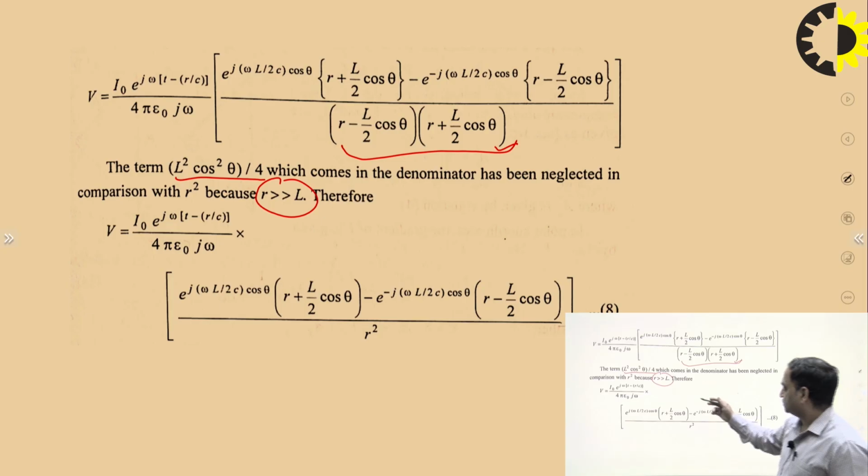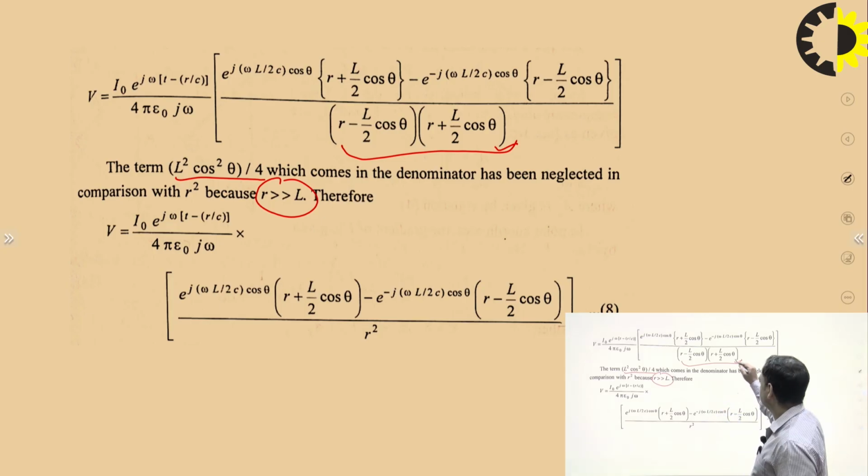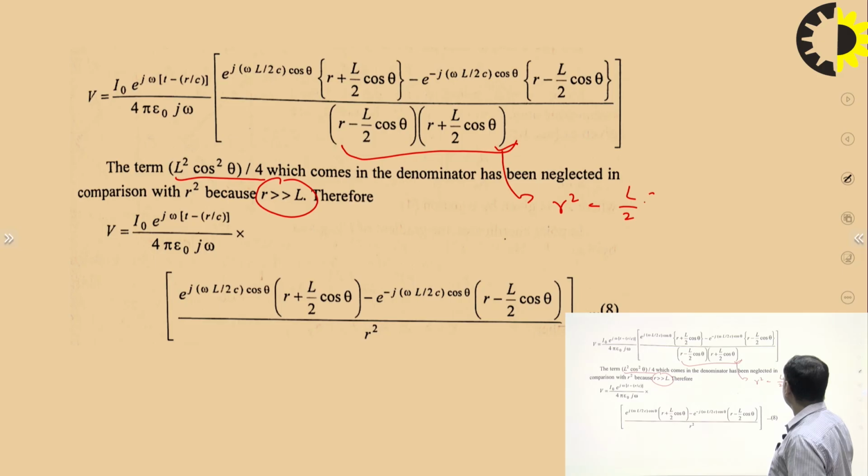If you are getting some confusion, when you solve this, we get R square minus L by 2 cos theta whole square.